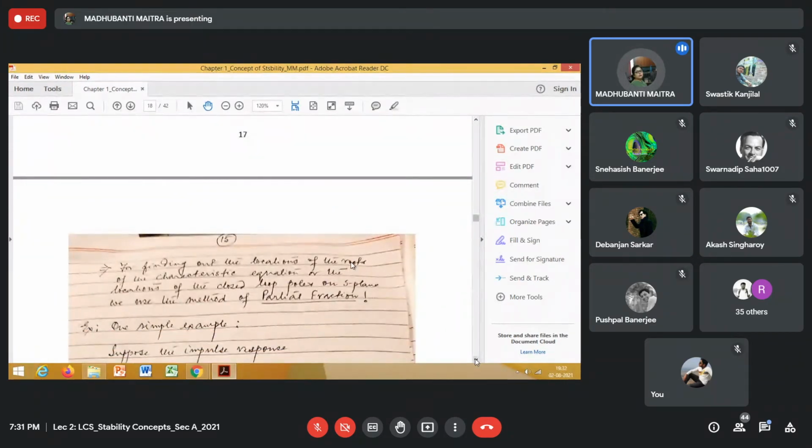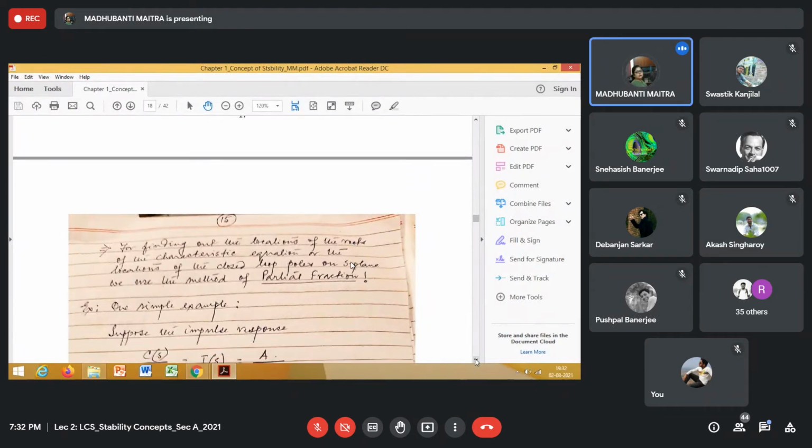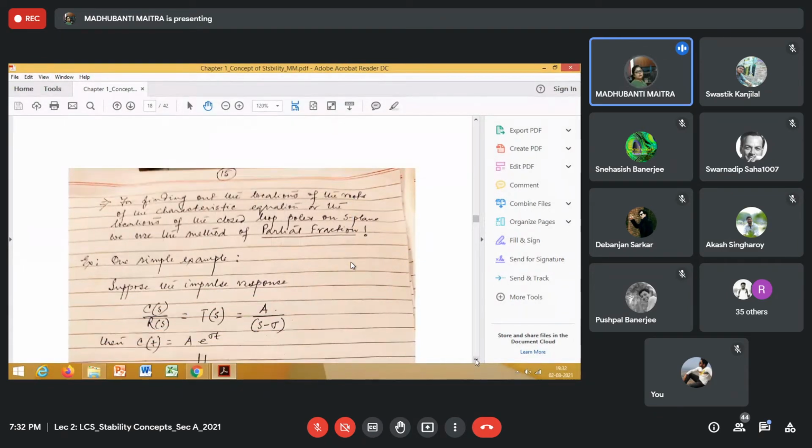So if the closed loop transfer function of the system is given, that means the numerator polynomial as well as the denominator polynomial are known to us, which implies that their coefficients are known.